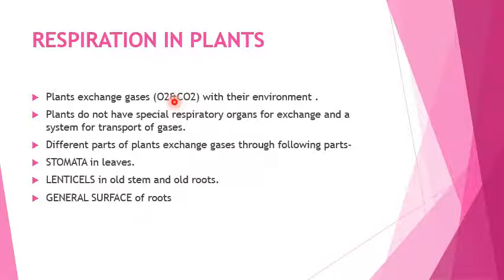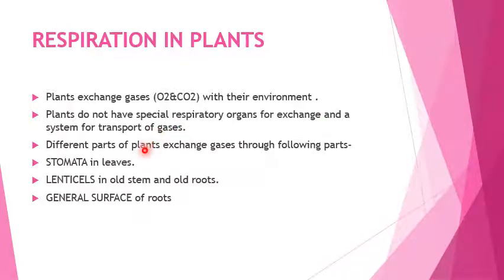They do not have any special respiratory organ; every part has its own particular opening through which the exchange of gases takes place. Plants do not have special respiratory organs or a system for transport of gases.